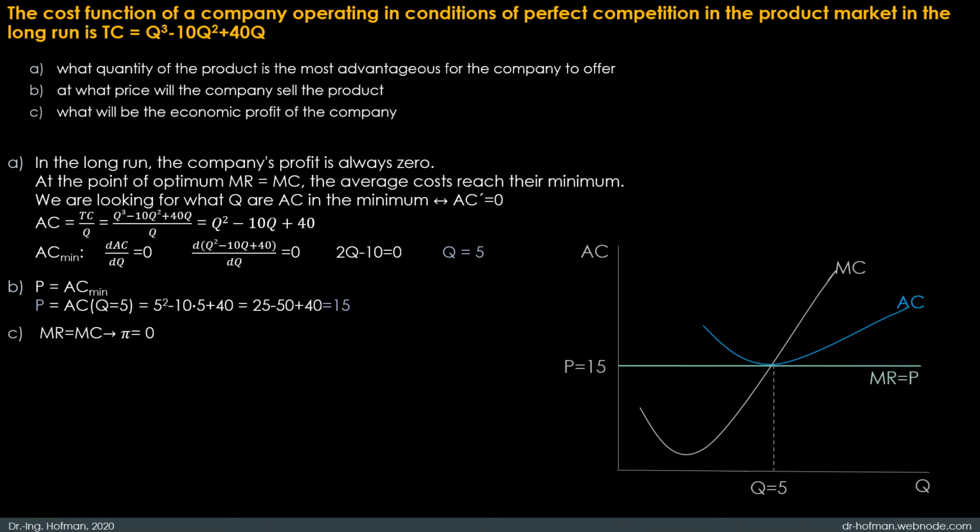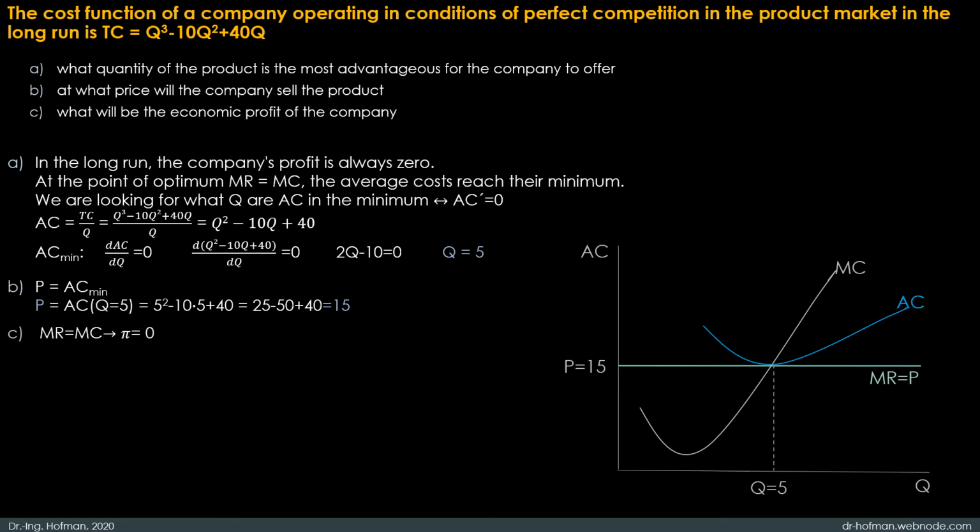The cost function of a company operating in conditions of perfect competition in the product market in the long run is given as TC equals Q to the 3 minus 10Q squared plus 40Q.